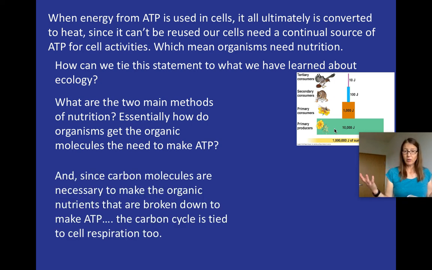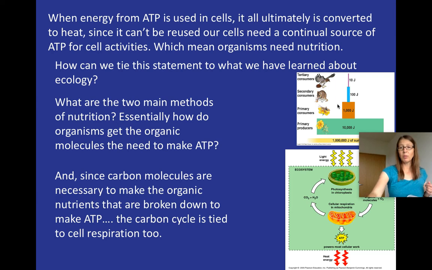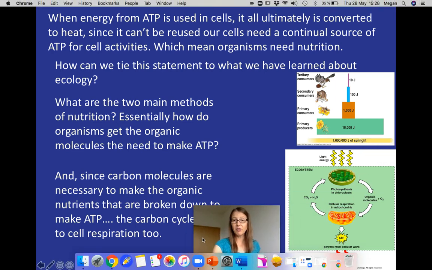And since carbon molecules are important in part of the process to make those organic nutrients that are broken down to make ATP, that's why the carbon cycle is also tied to all this. So when we look at this carbon cycle, it's like carbon and energy, right? So light energy comes in, plants make food, they make organic molecules. They're going to use some of those organic molecules for their own cell respiration to make ATP.